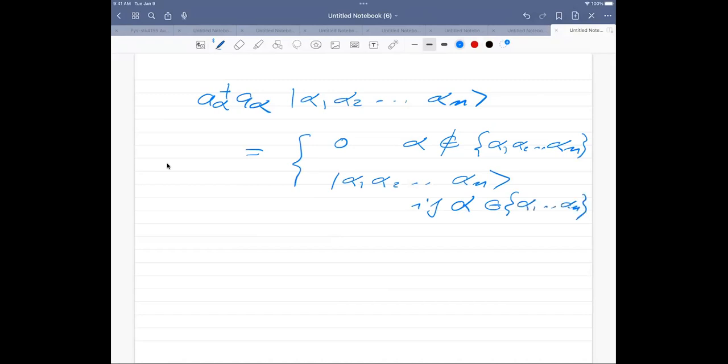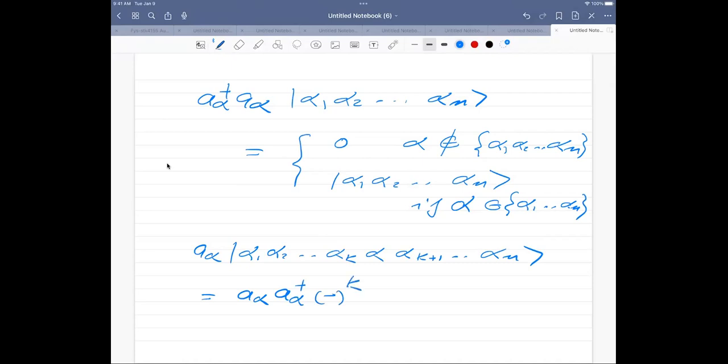Because that means that if we now take A alpha acting on that specific state, alpha 1, alpha 2, and then we go up to some alpha k, and there is a state alpha here, and then we have alpha k plus 1, and this continues all the way up to alpha n. This is then equal to A alpha multiplied with A alpha dagger, and then we have made these permutations k times.